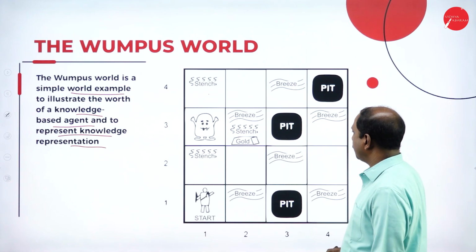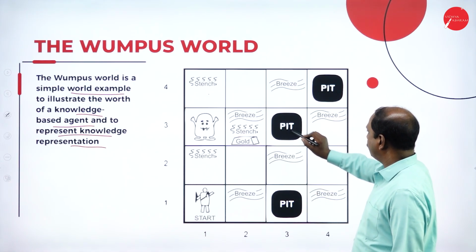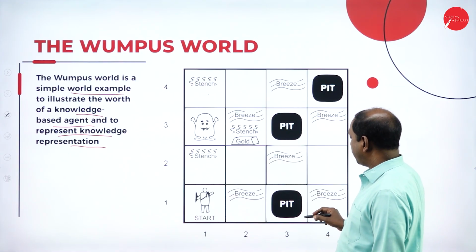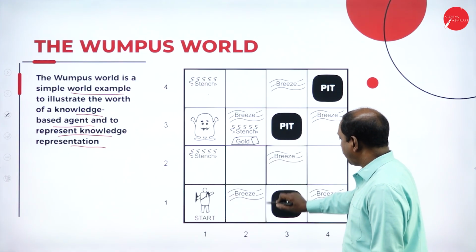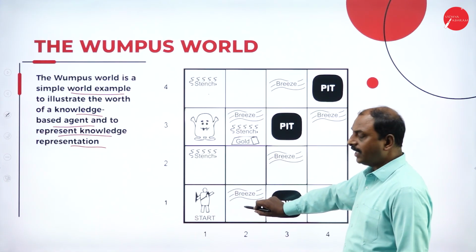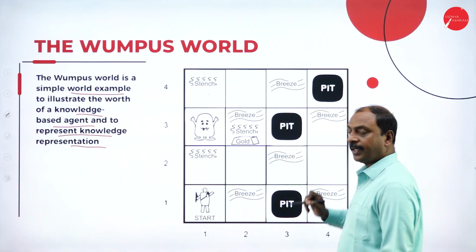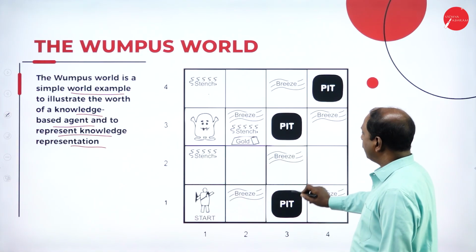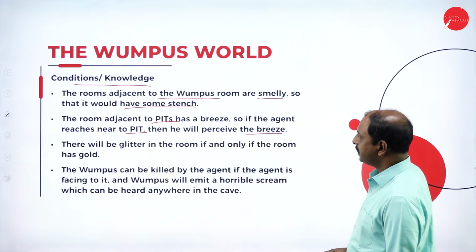In the diagram here, we can find these black spots representing the pit. Any agent near this pit perceives a breeze. This breeze indicates that there might be a pit nearby, adjacent to it. That is one condition.